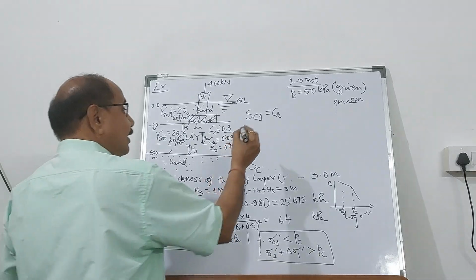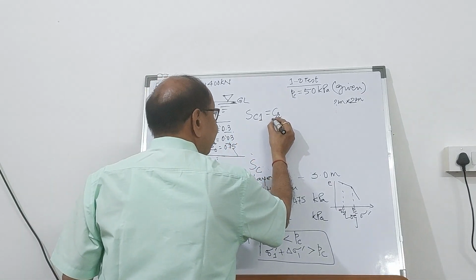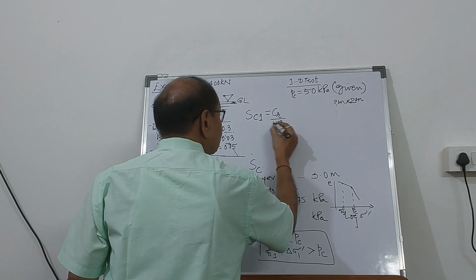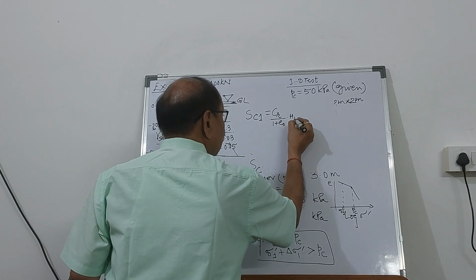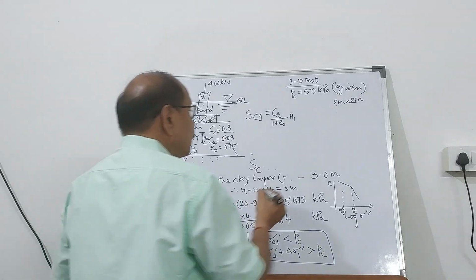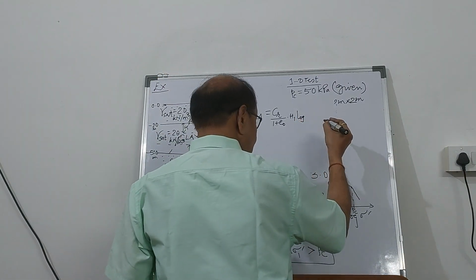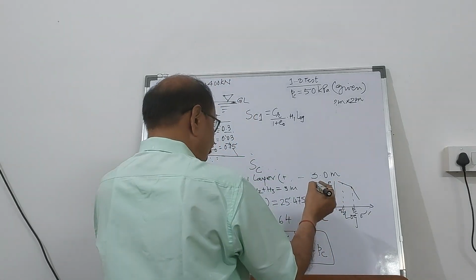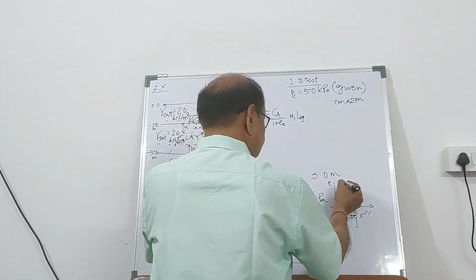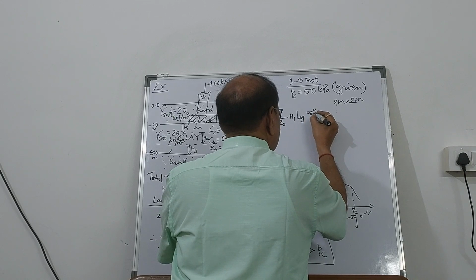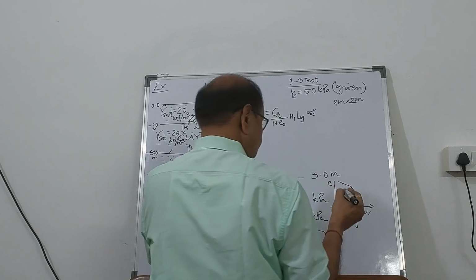So you should take recompression index divided by 1 plus E naught into H1 into log of sigma naught prime for layer 1.